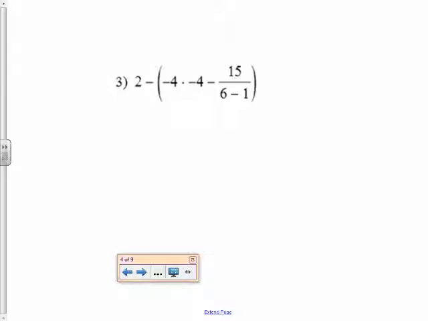Where do we begin? Well, we begin inside the parentheses. What's inside the parentheses? We have -4 times -4. Make sure you can see that dot. And then this is minus 15 over 6 minus 1. A lot of kids came up to me and asked about this minus sign.